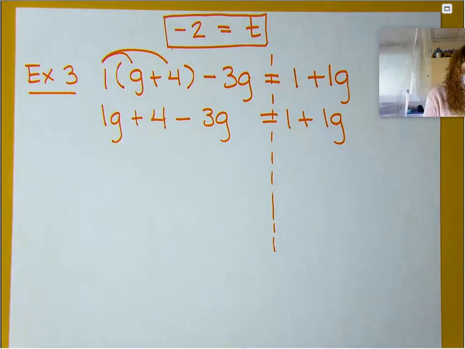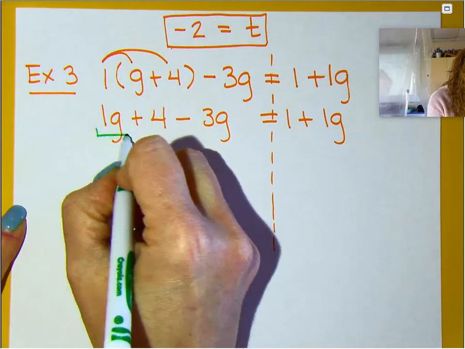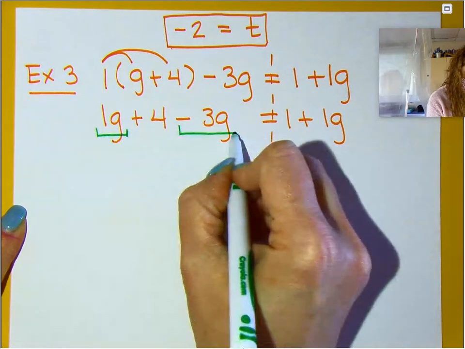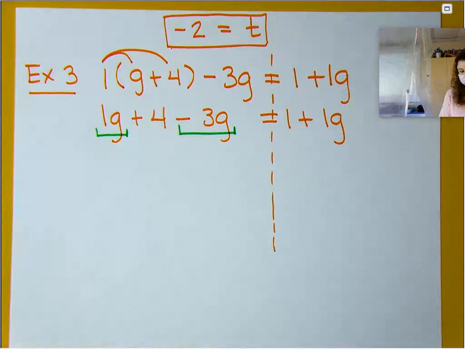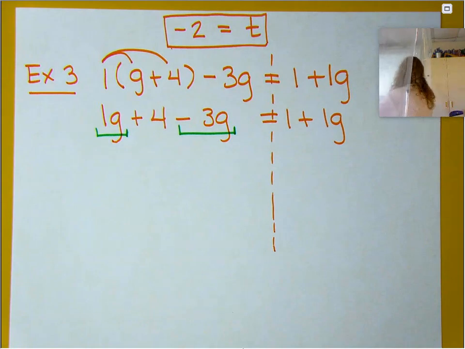Okay. Now look on the left side here. Notice how you have more than one G. Go ahead and combine like terms. Combine 1G plus a negative 3G, or 1 minus 3.